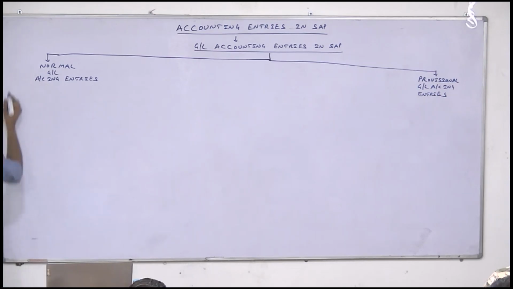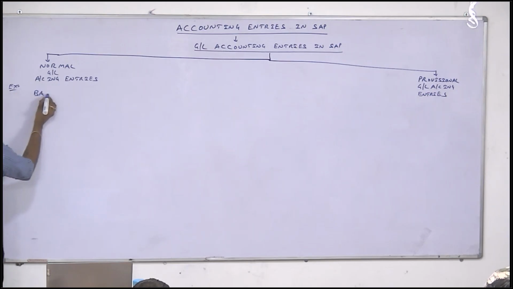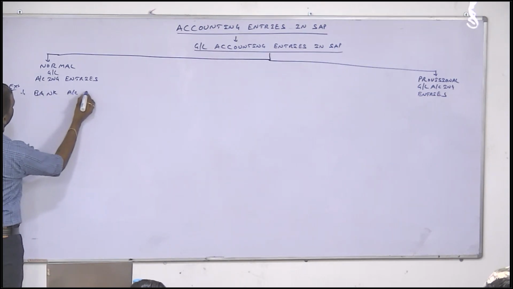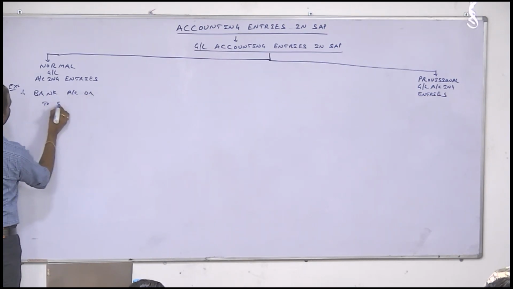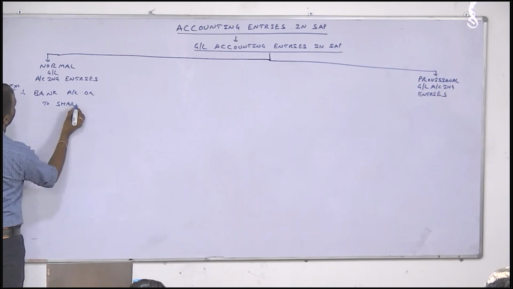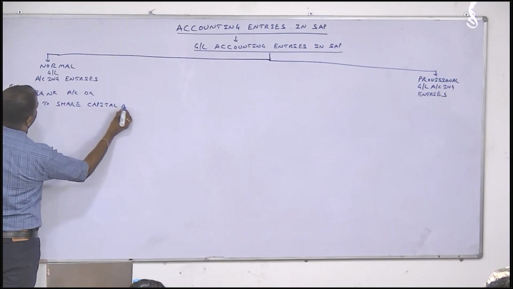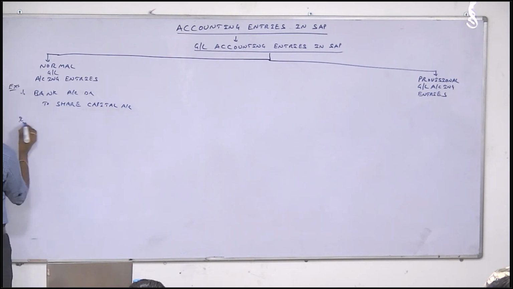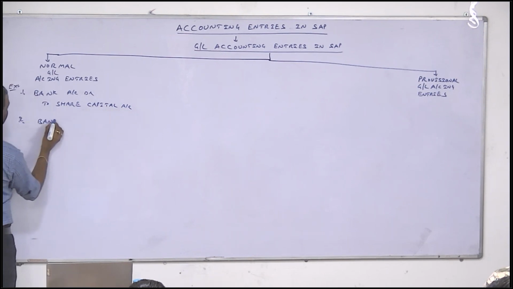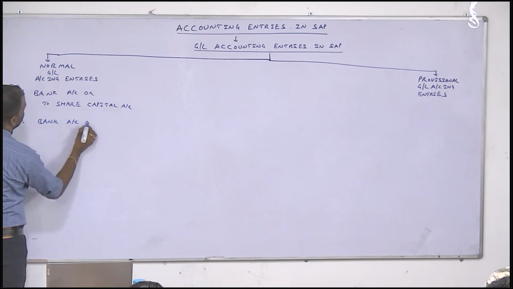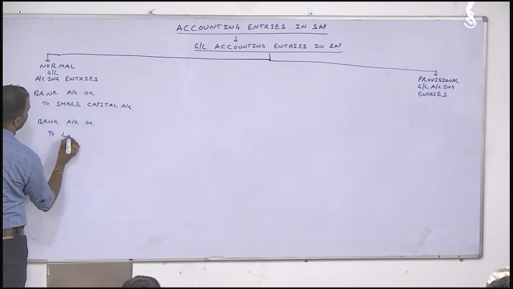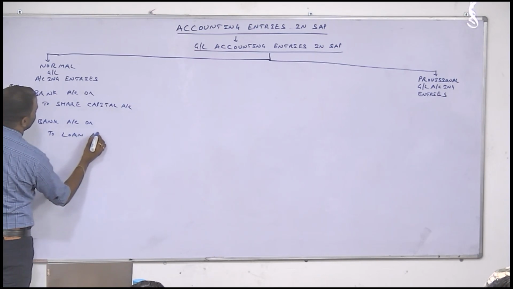For example, as we discussed, what is the first one? Bank account debit to share capital account. Then the second one, bank account debit to loan account.